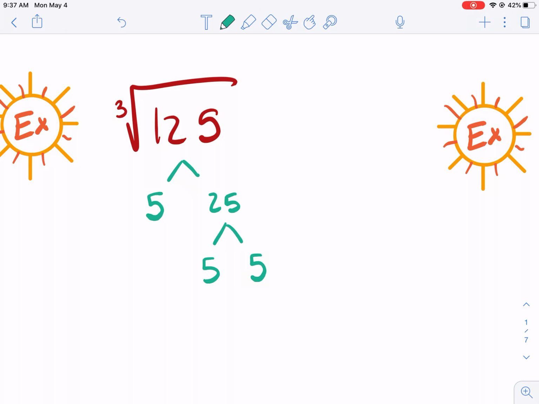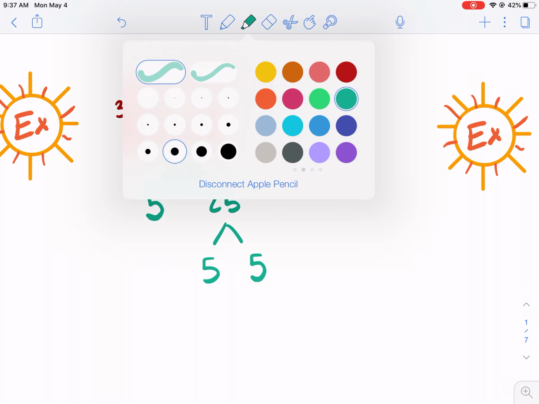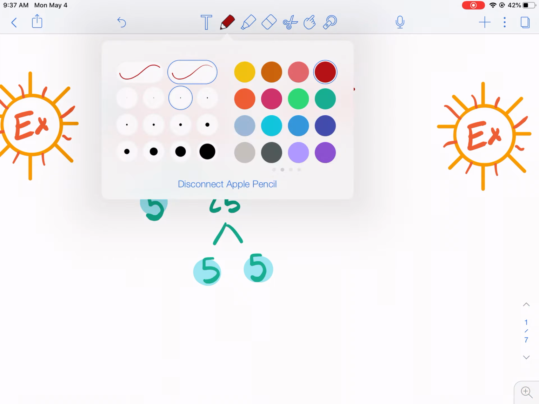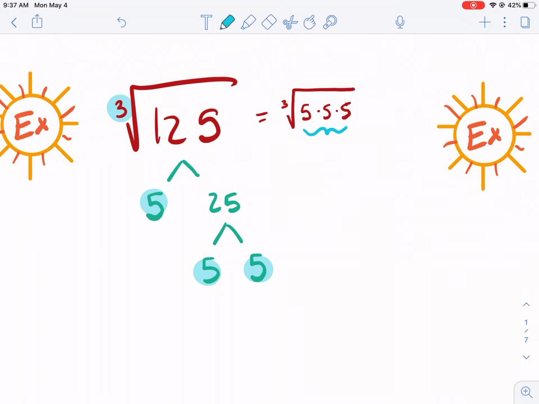Hopefully you can see that, number 1, the index is 3, and number 2, we have 3 numbers multiplied together to get the number underneath the radical. If we were to rewrite this, we could write 125 as 5 times 5 times 5. What number times itself 3 times equals 125? Clearly the answer is 5.